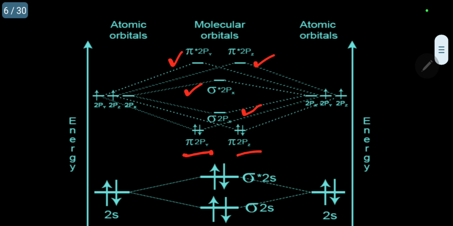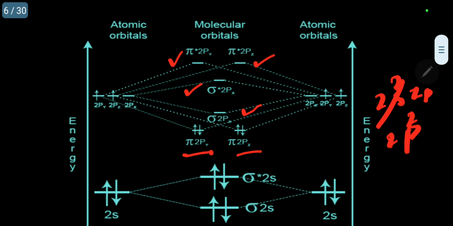So how many electrons are in carbon? 2s2, 2p2. 2s2 is completely filled, so bonding and antibonding, the net effect is 0. So you consider only the p orbitals. Right side 2 electrons, left side 2 electrons, totally 4 electrons I am filling up.